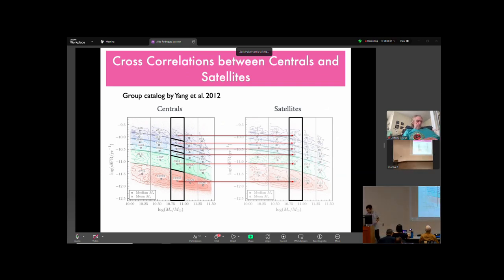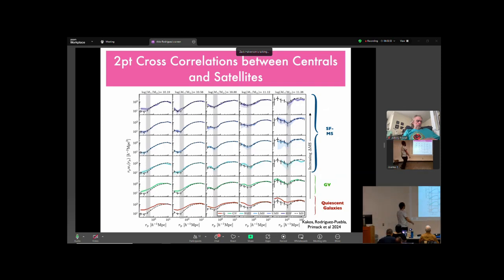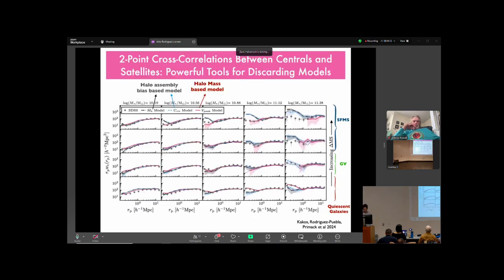In that way, the shaded areas here are the region where you are changing from the one-halo to the two-halo term. And as you go from the top to the bottom, the halo mass should increase if the one-halo term is increasing. That's one interpretation.